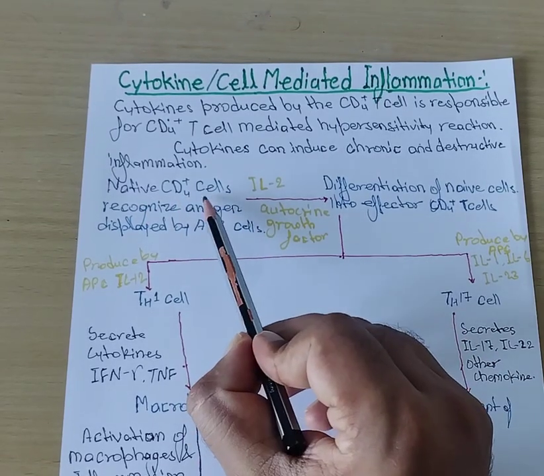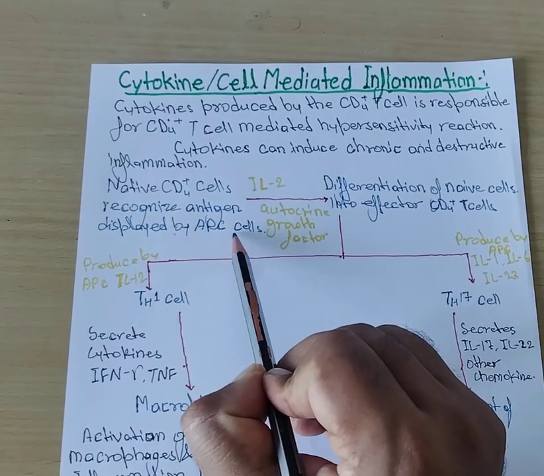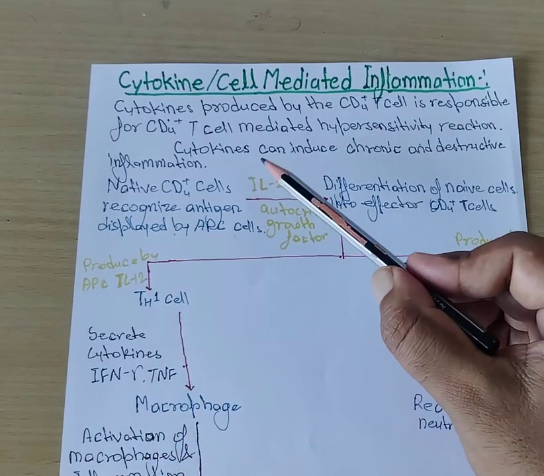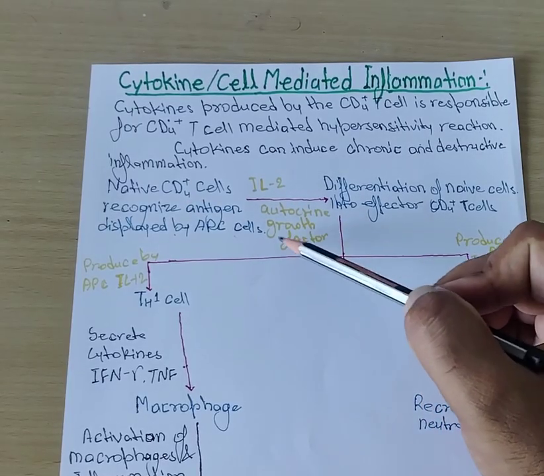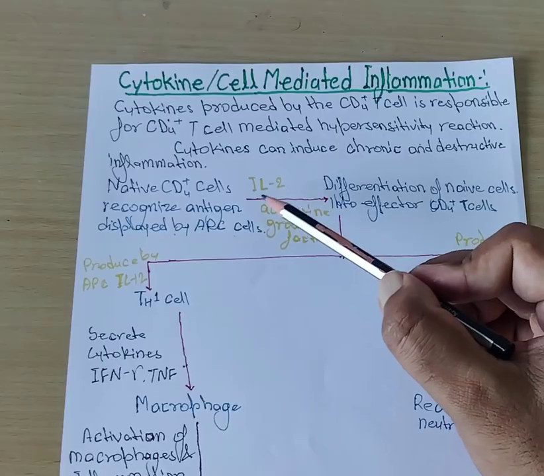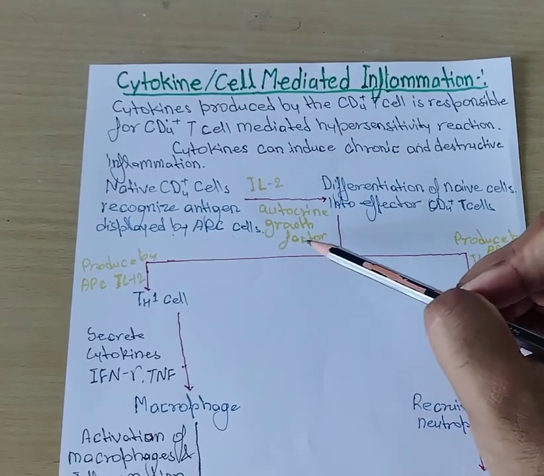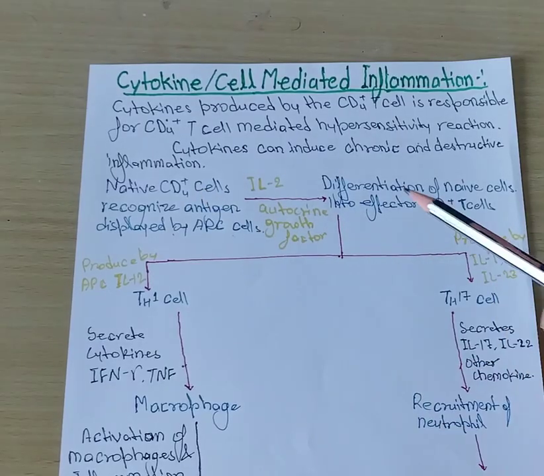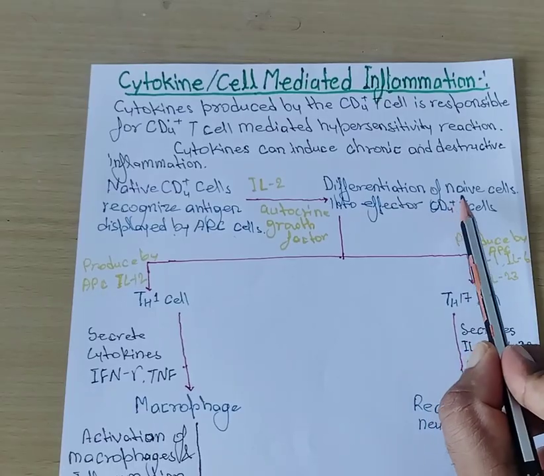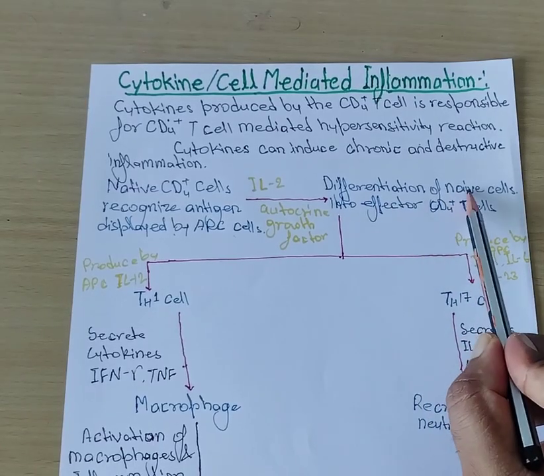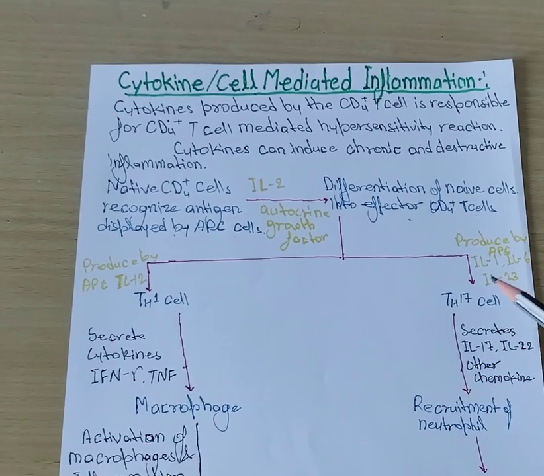Naive CD4 cells recognize antigen displayed by antigen presenting cells and secrete interleukin 2, which acts as an autocrine growth factor. It stimulates the growth of these CD4 T cells, and they differentiate from naive cells into effector CD4 T cells.